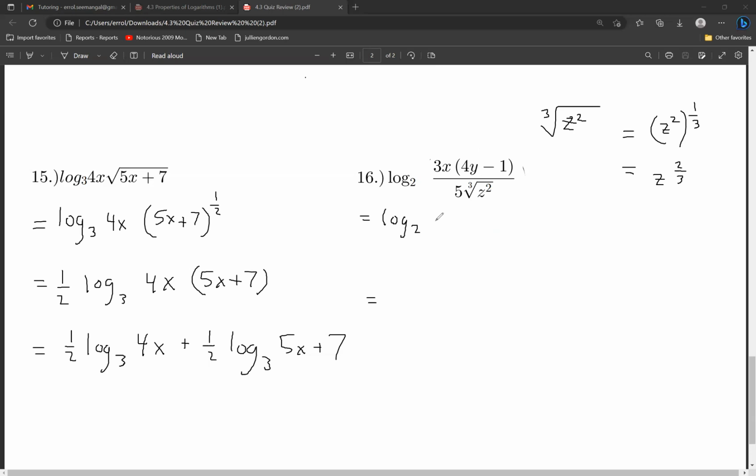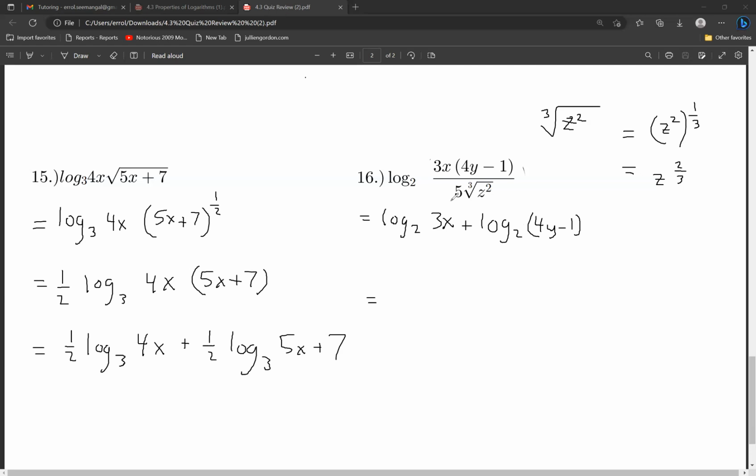So log 2 3x plus log 2 4y minus 1, right? Okay, now what?